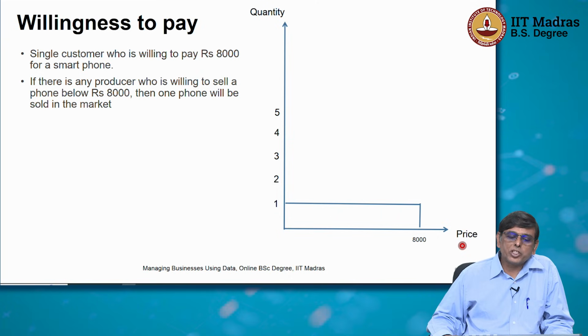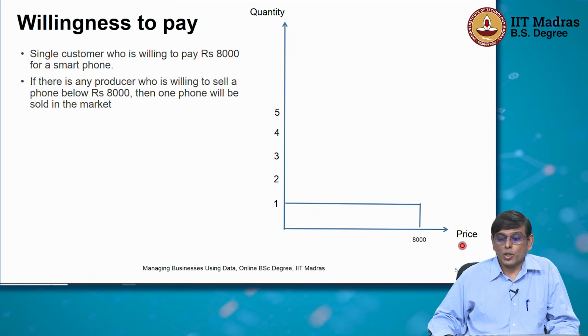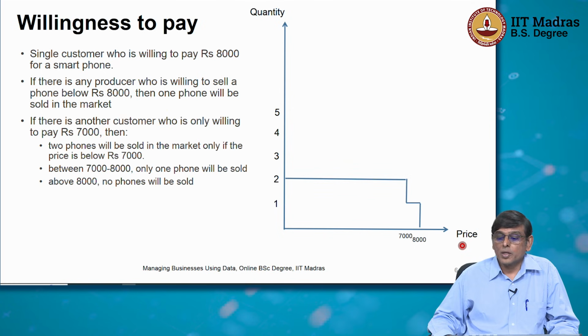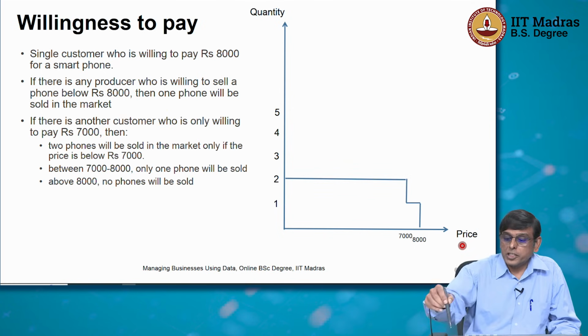Now in this picture, a second customer comes. This second customer is willing to buy a phone only if the price is less than or equal to 7,000 rupees. If it is above 7,000 rupees, this person is not going to buy. So the picture changes.